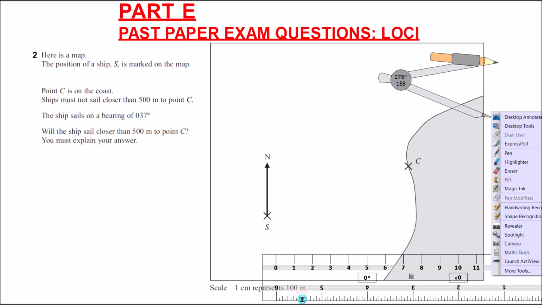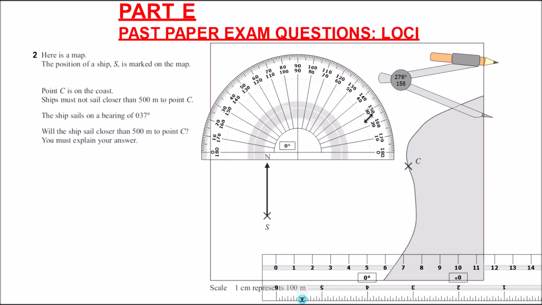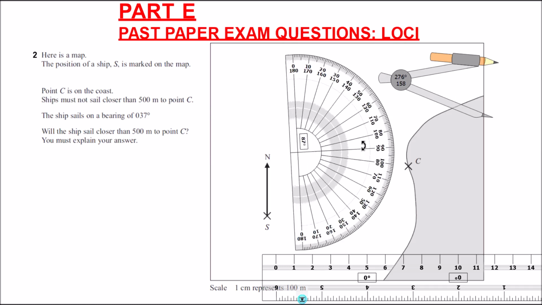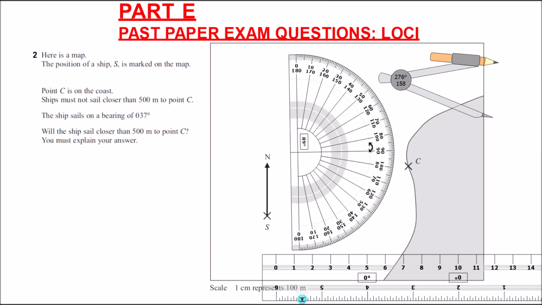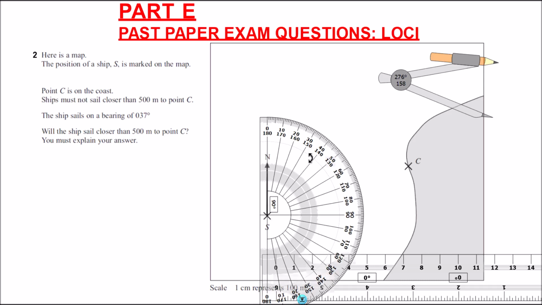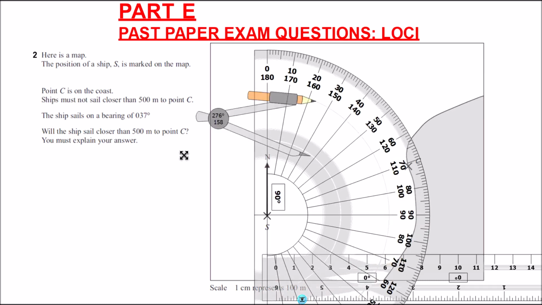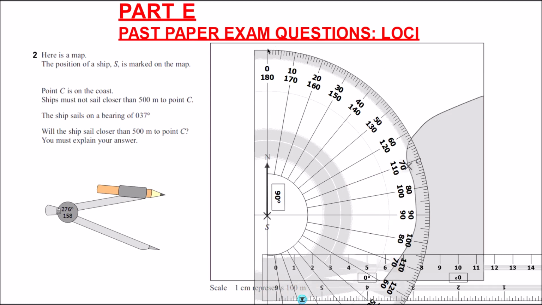because we'll need to know this bearing, we need to get our protractor to hand. We need to have it facing straight up, parallel to this north line. So we need to then put the protractor on top of S to measure for 37 degrees. And the 37 degree angle, we count from north until we get to 37.